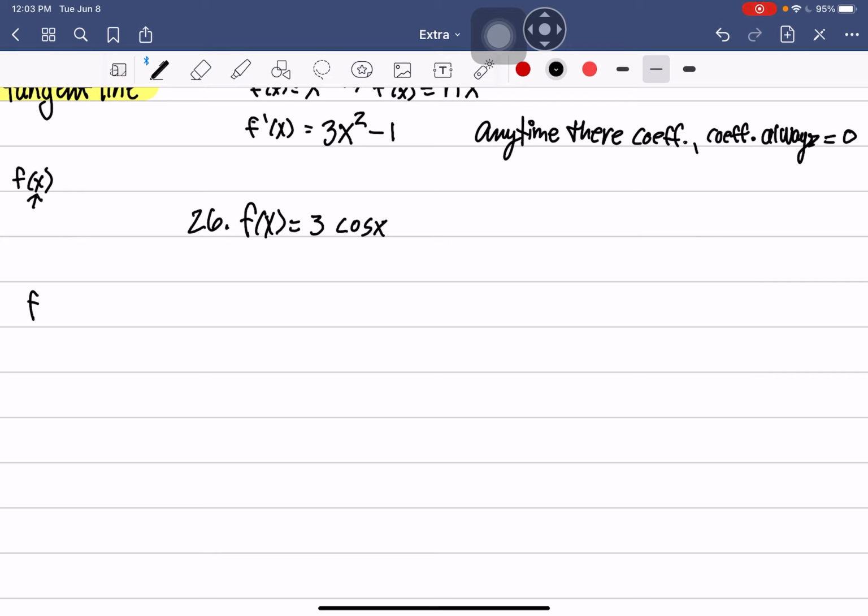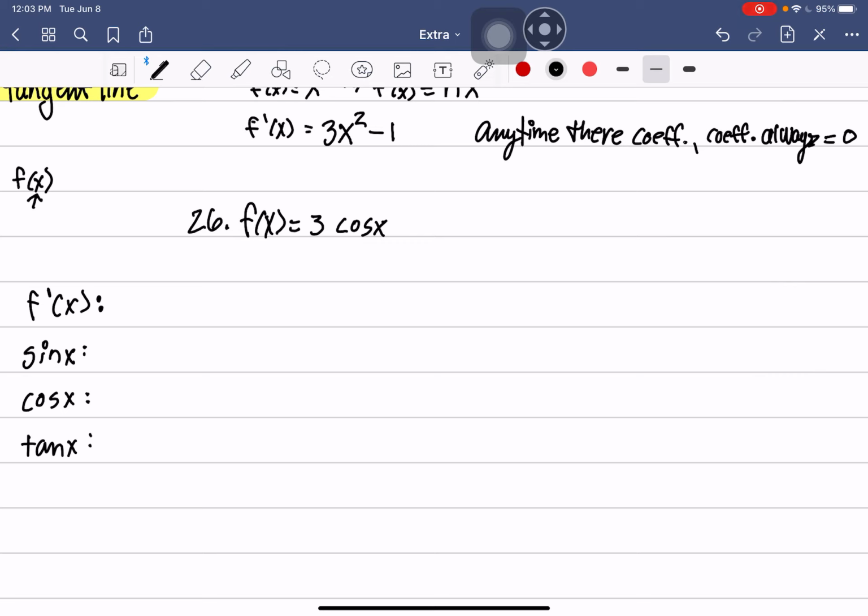So f prime of x, let's make this a table. Let's start with sine, cosine, and tangent. Now, of course, there's other ones like cosecant, all those. We're just going to focus on these main three right now.